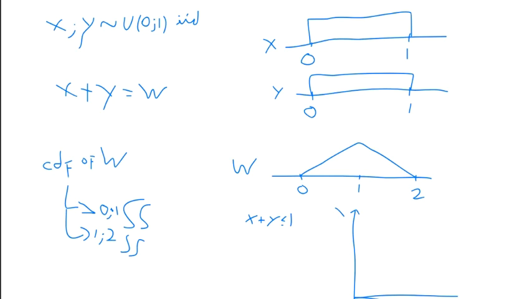You have Y, and you have X. In order to plot it, it's easier to look at it in terms of Y. So Y less than or equal to 1 minus X. So minus X looks like this. 1 minus X is basically just one step lower, right?